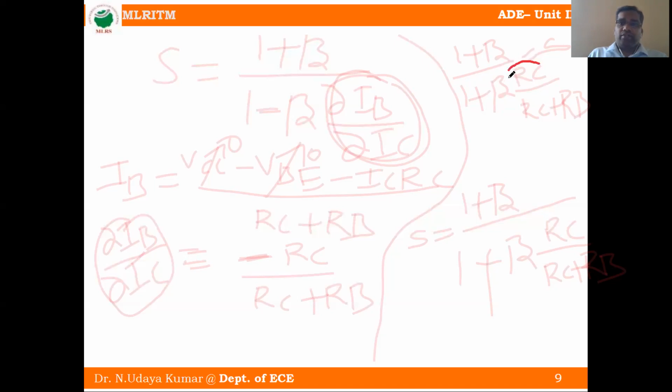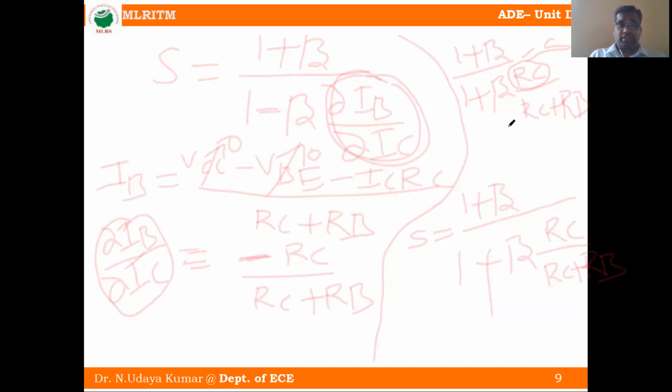If R is very large, that means the denominator term is large, so that the total S factor will be small. So S, if nearer to 0 means more stable, nearer to 1 means it is unstable.